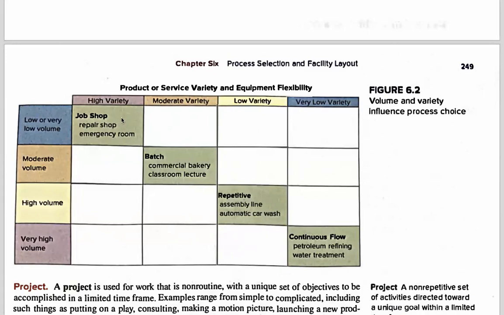So a job shop, we know that for a job shop, volume is very low. And the reason is that, for instance, in case of a barber, in case of a car mechanic, volume is very low because they are dealing with only one customer or one unit at a time. Then variety, high variety is possible.